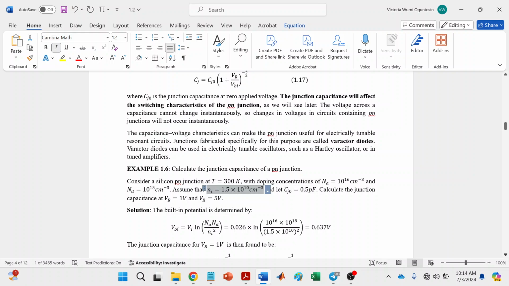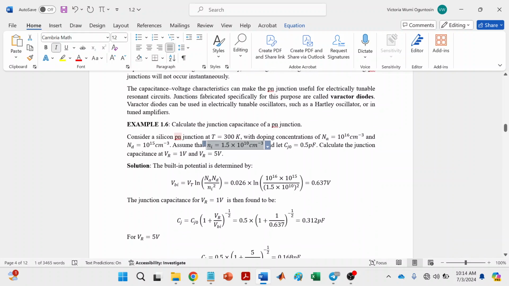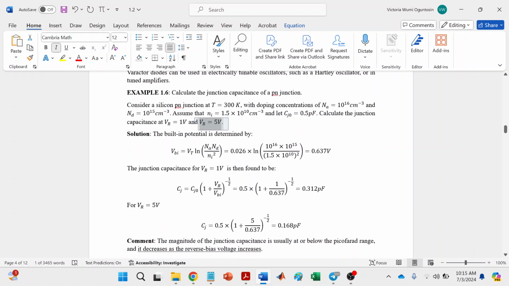So we want to calculate the junction capacitance when a reverse bias voltage of 1 volt is applied and when a reverse bias voltage of 5 volts is applied. So we want to see how an increase in the reverse bias voltage is going to change the junction capacitance.